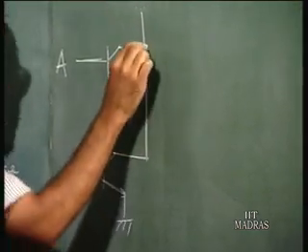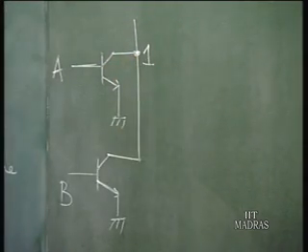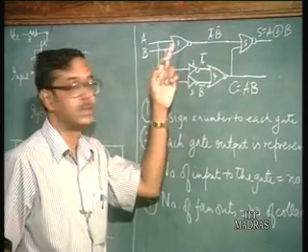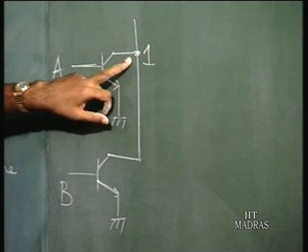This is one node, and this node represents gate 1. So, the output of gate 1 is represented by this node.